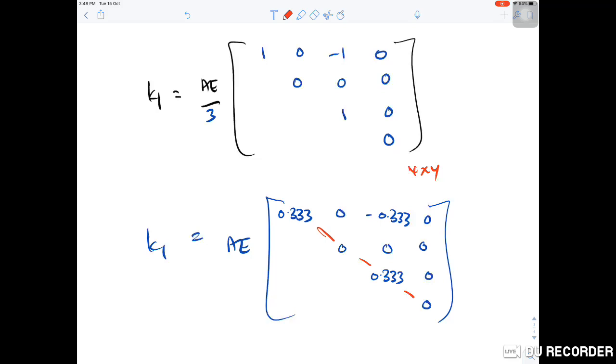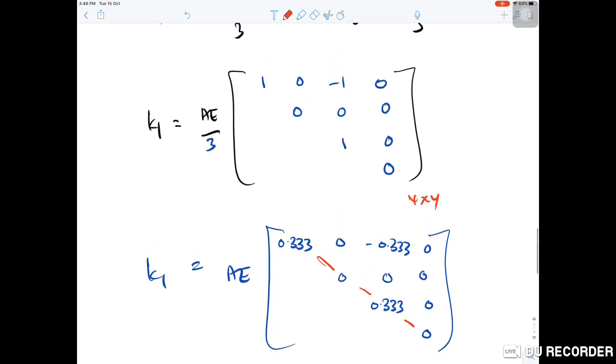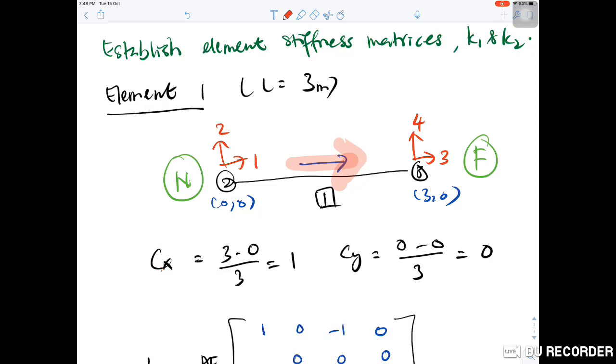But the most important thing, we have to label this according to the degrees of freedom. To label this, we need to refer back to this diagram. We have to write the labeling of the degrees of freedom. Whenever we want to label, we must always label the near end first, after that the far end. Near, we have near X, near Y, and far, we have far X, far Y. Near X is 1, near Y is 2, far X is 3, far Y is 4.